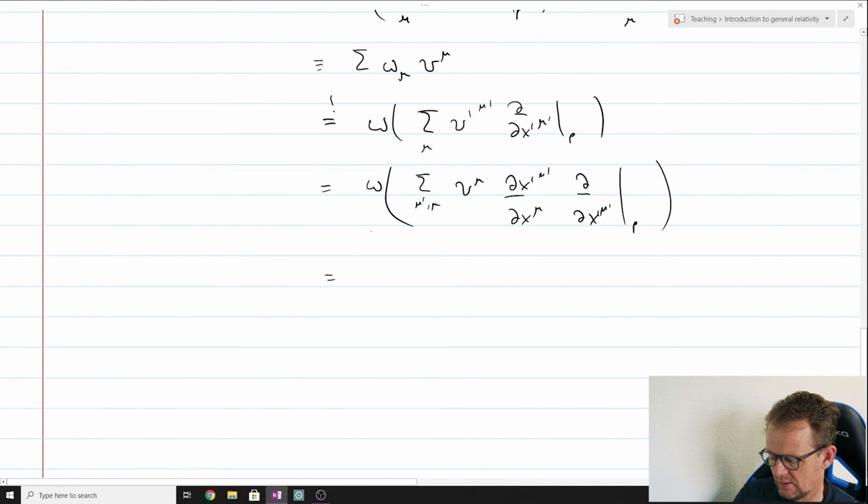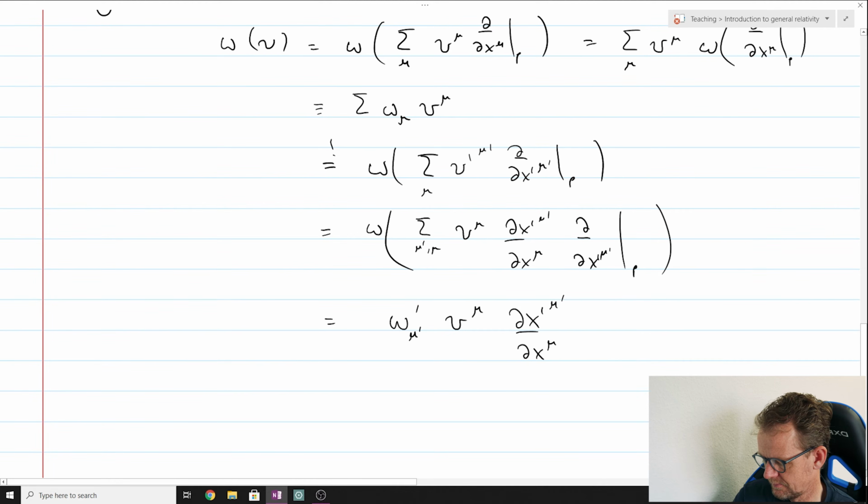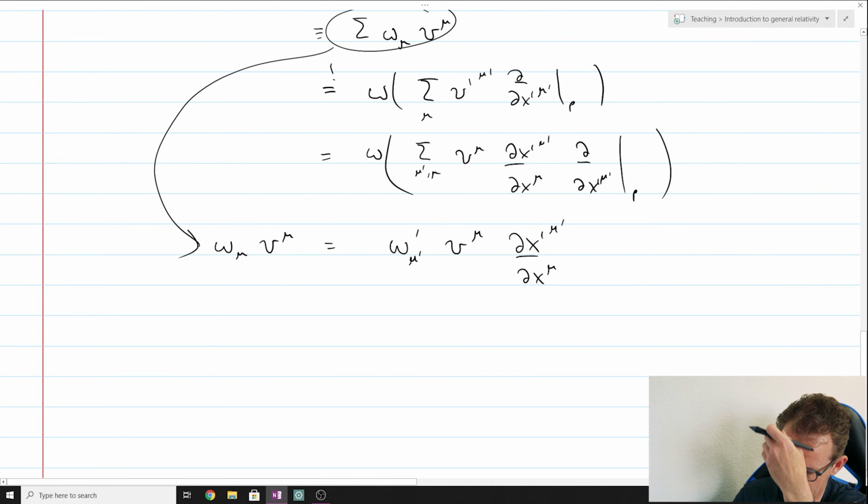And then we can use the fact that omega is a linear functional of vectors to infer that omega prime mu prime contracted with v^mu via this Jacobian factor is exactly equal to omega_mu contracted with v^mu. Now, you see here I'm starting to get careless with the summations.